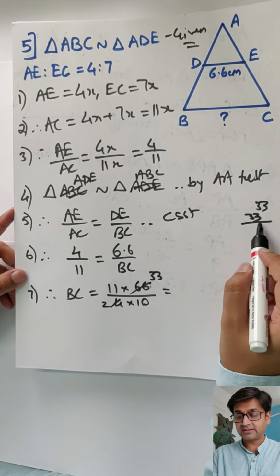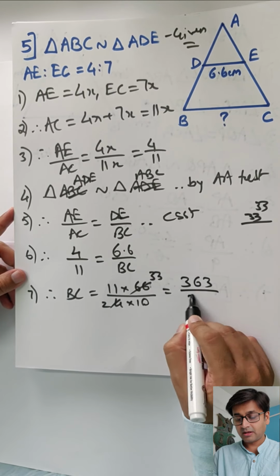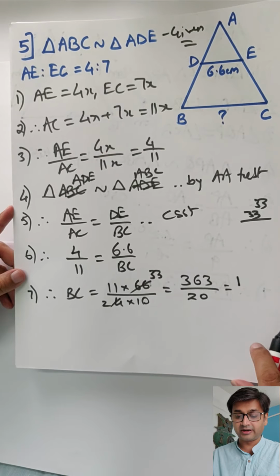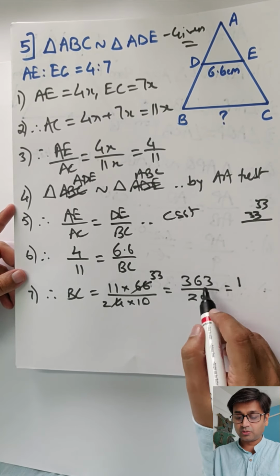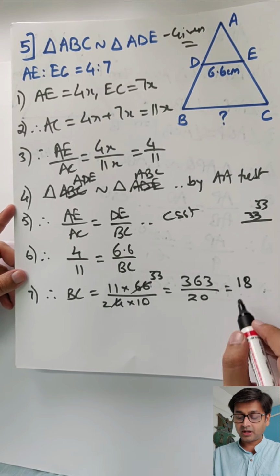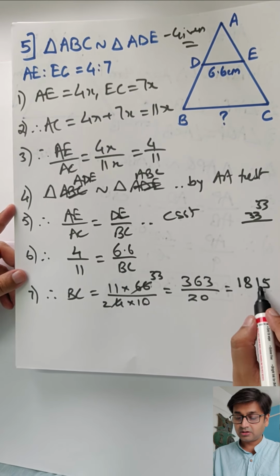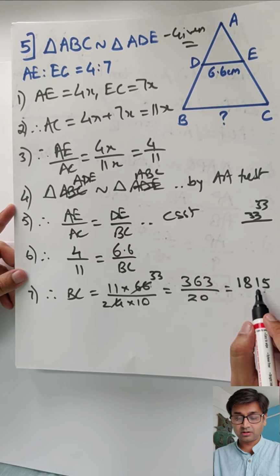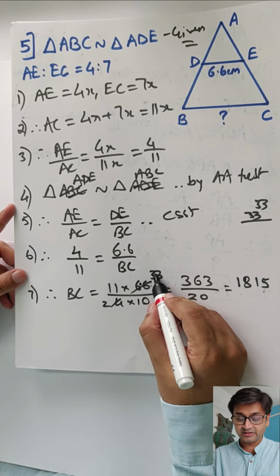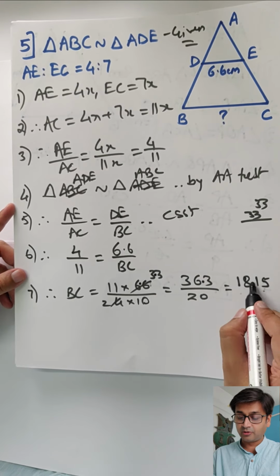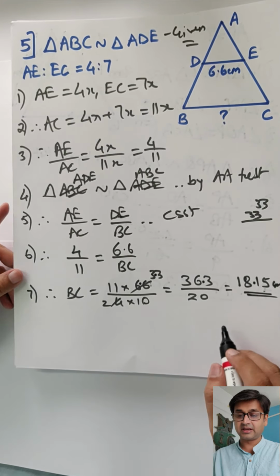So that should be 363 divided by 20. So I'm dividing by 2, 2 ones are 2 and I'll put one decimal also. Yeah, so 2 ones are 2, 2 eights are, again 2 ones are 2 and 5s are, and one decimal. So 181, something is wrong. Oh, this was already 6.6, so 3.3 into this, so one decimal and one more, so 18.15 centimeters.